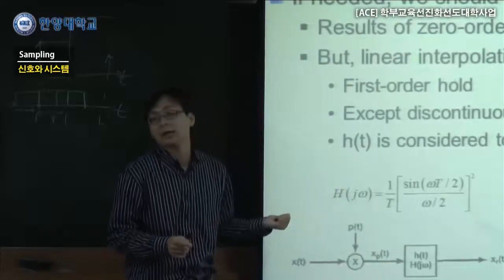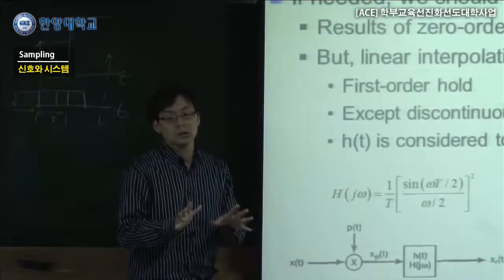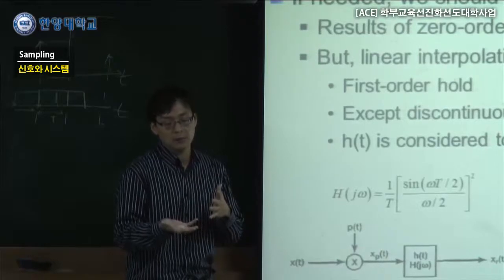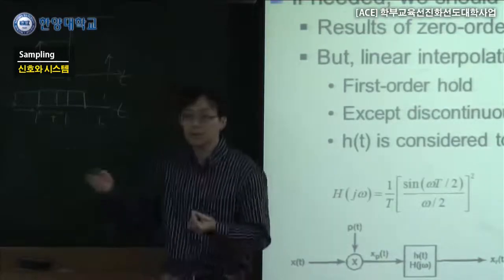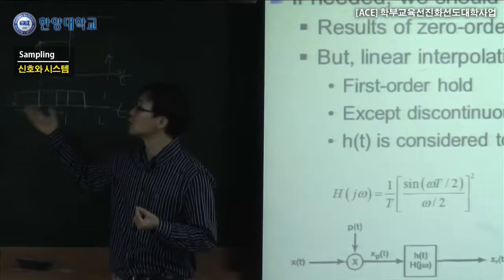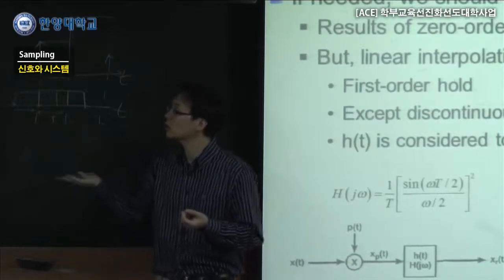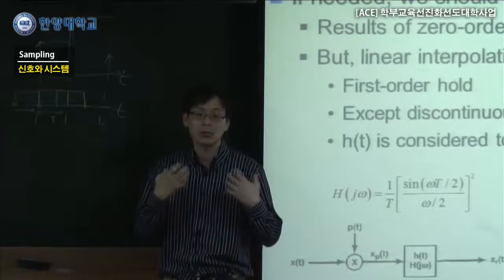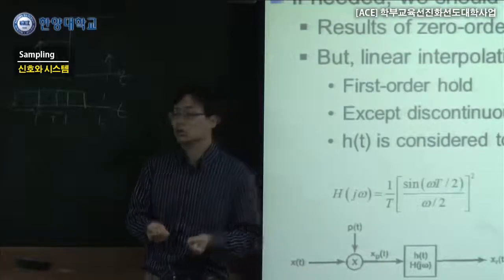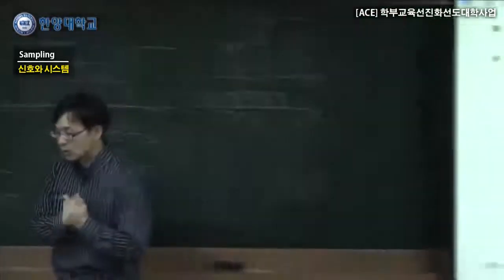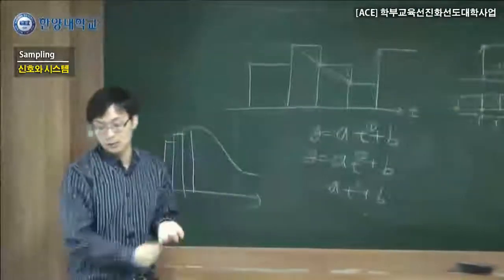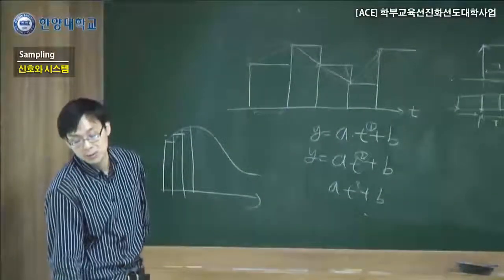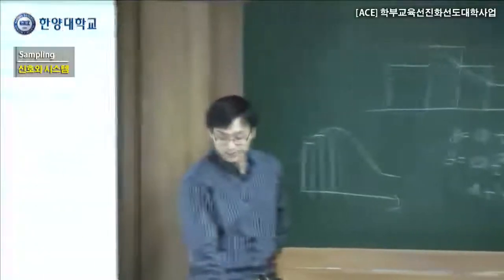Now they become much more complicated, right? So in short, if you want to increase your order of interpolation, you have to have a different system having more complexity, which is explained in the textbook. But we only cover one example, which is zero-order hold, in this lecture.